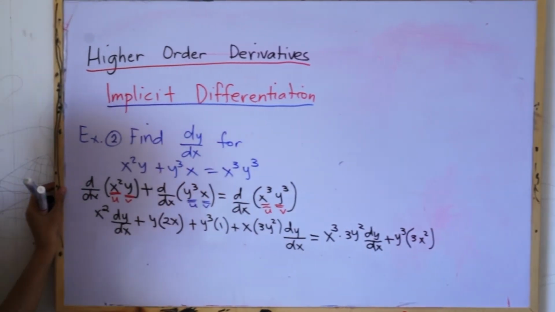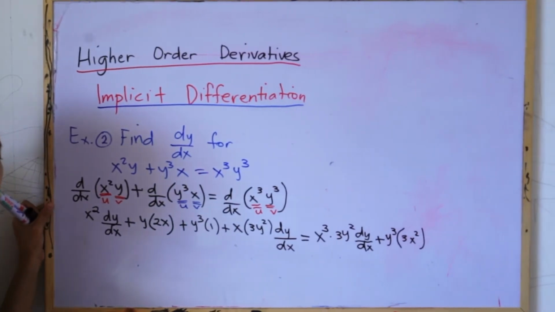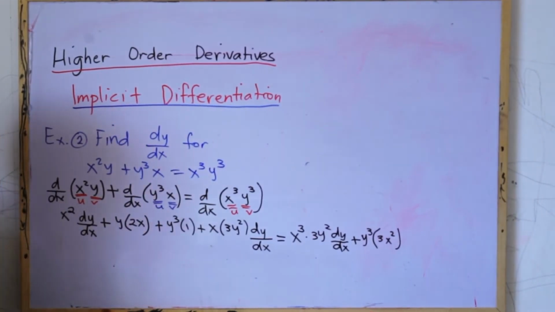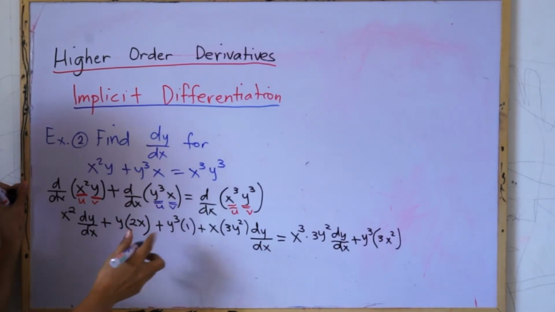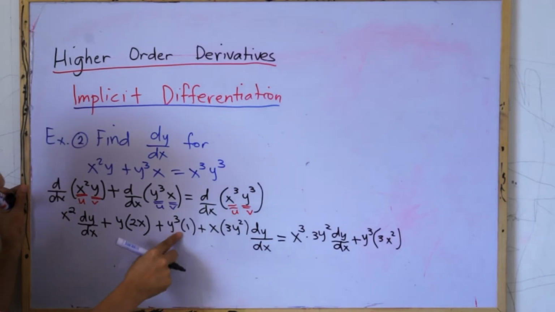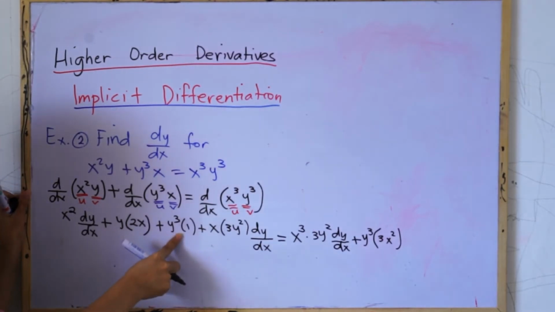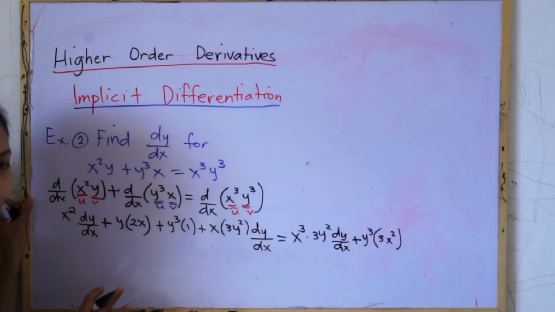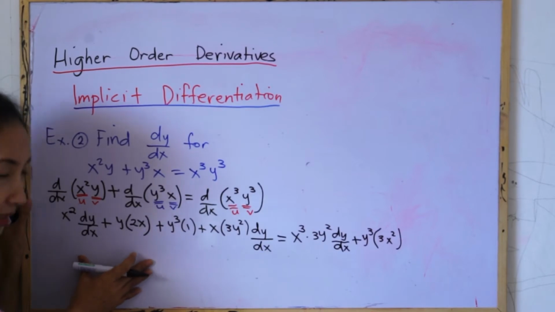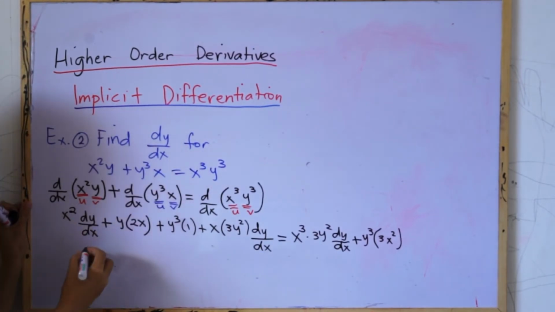Okay, now let's simplify. Okay, x squared, this will be 2xy. This will be y cubed. Now, to save space, we may collect or put together all the terms having dy over dx on the left side. So this will remain x squared dy over dx on the left side.